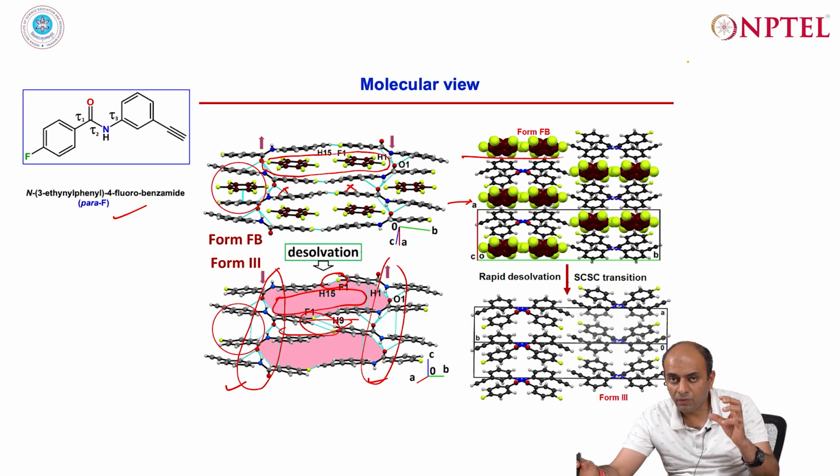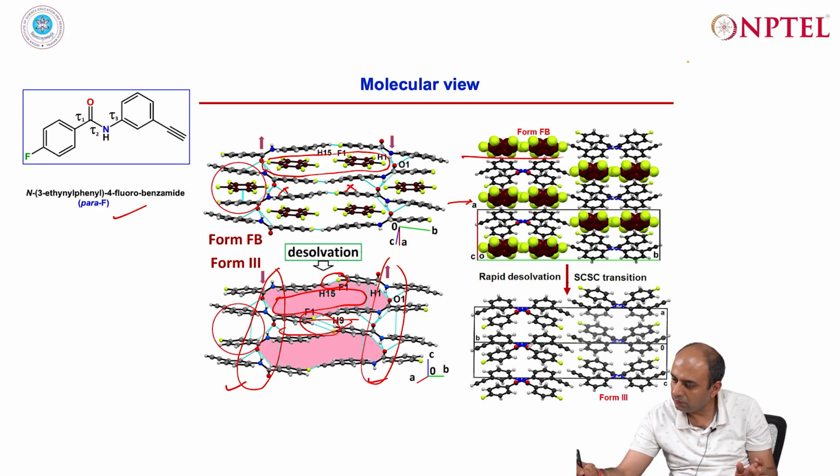But then these voids, the structure does not have intrinsically high porosity or high void volume. They are just able to intercalate, but they can also be easily removed, and this desolvation process now results in a single crystal to single crystal phase transition, where you can see that the final structure does not have the solvents.